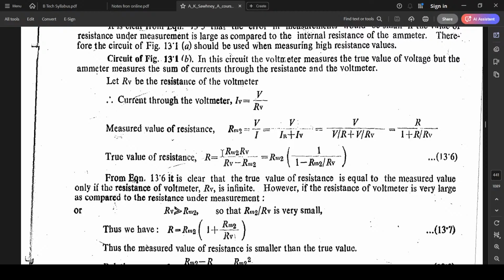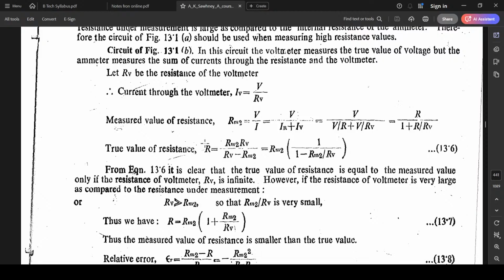RV upon, okay, and this RV will be common out, and this RV will go into denominator. So it will be 1 minus R2 by RV. Yeah, we are here. We got this value.